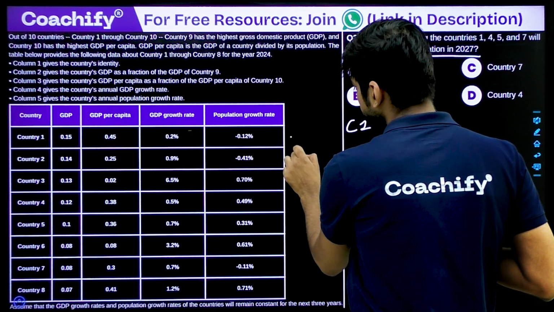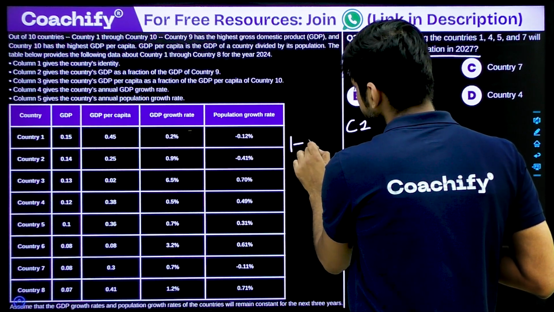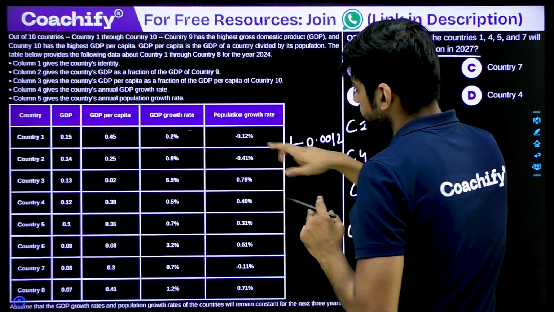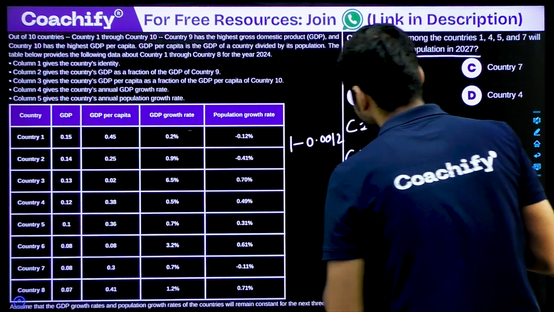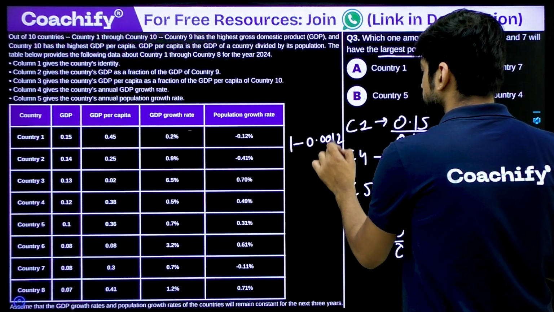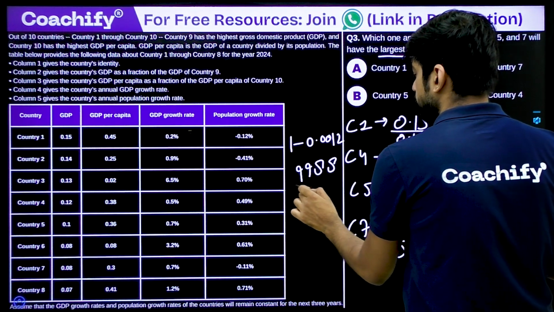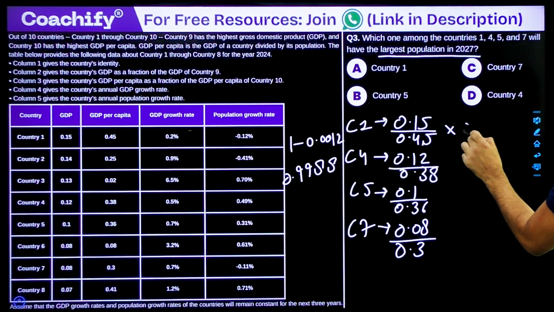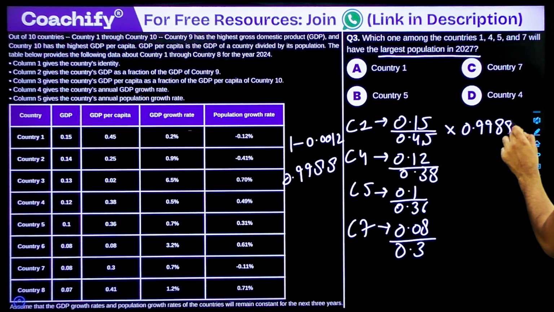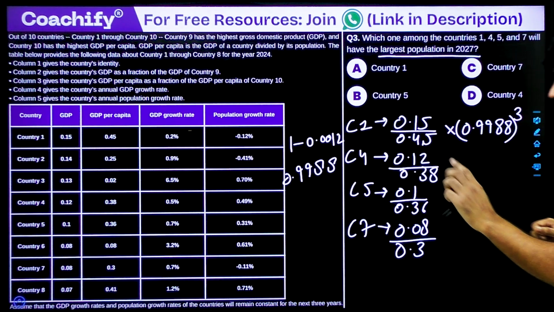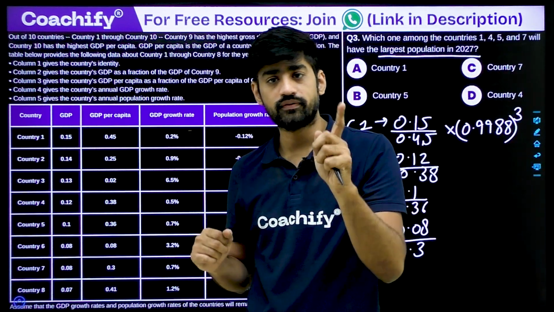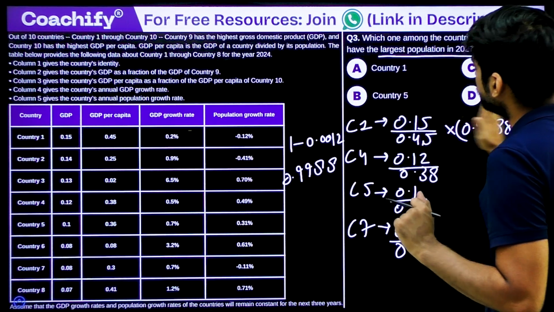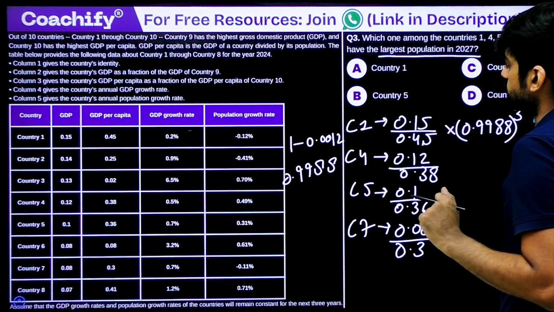Firstly, this is 1 minus 0.0012, so that becomes 0.9988. This value should be multiplied by 0.9988 to the power 3, from 2024 to 25, 25 to 26, 26 to 27. This will give you the figure for C1 for 2027.